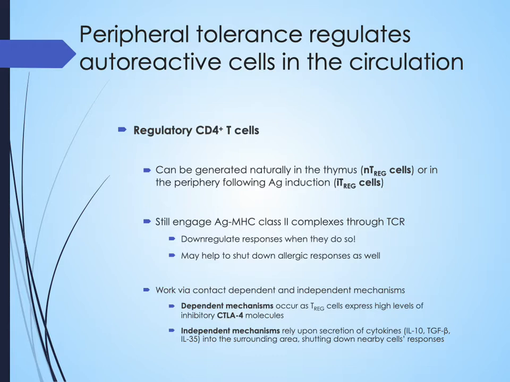IL-10 is one of the major cytokines that's looked at as an inhibitory cytokine that's produced by T regulatory cells. T regulatory cells do have markers that can be used to identify them, so we can see the different subpopulations of CD4 T cells. Like FOXP3 is a common one that is looked at.